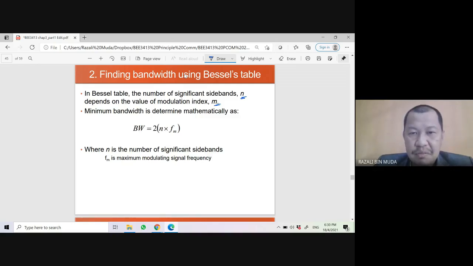Minimum bandwidth is determined mathematically using this equation, 2 multiplied by n multiplied by Fm, 2 n Fm. This is the actual value, where n is the number of significant sidebands from Bessel table, and Fm is the maximum modulating signal frequency.